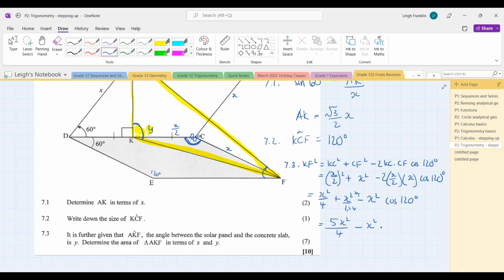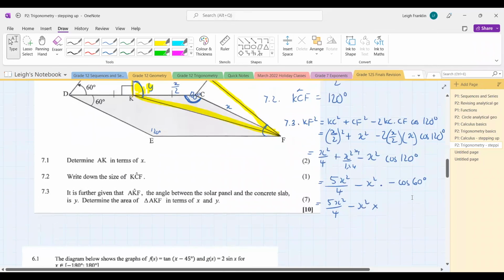So that would be reduced to negative cos 60. All right, so this is going to give us 5x squared over 4 minus x squared multiplied by, now cos of 60 is going to be a half, isn't it? The cos of 60 is the same as the sine of 30. So multiplied by negative 1 over 2.